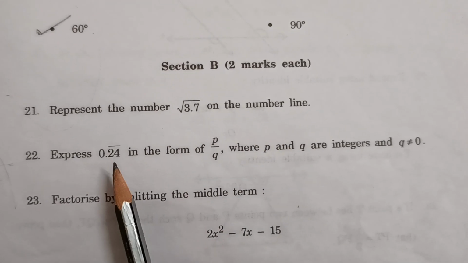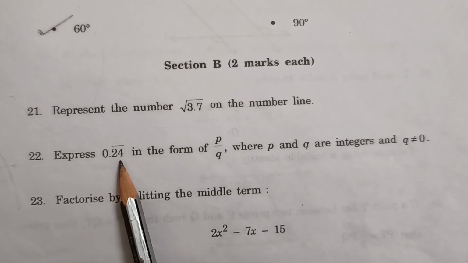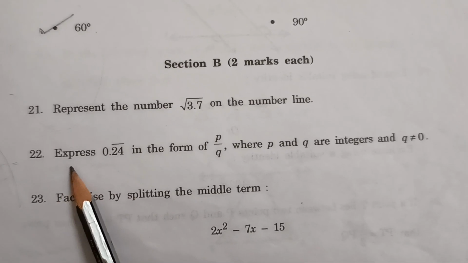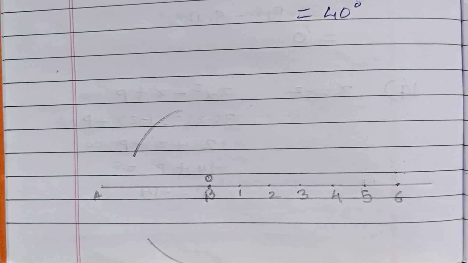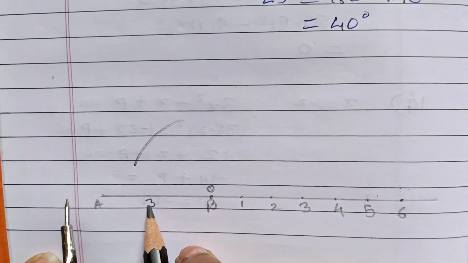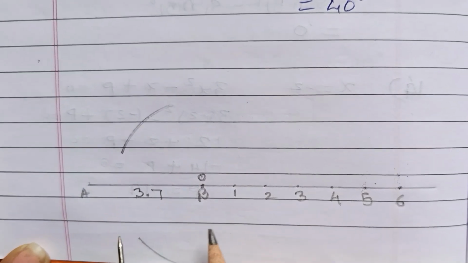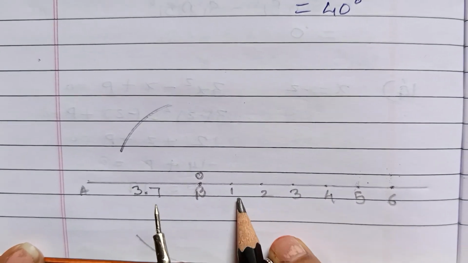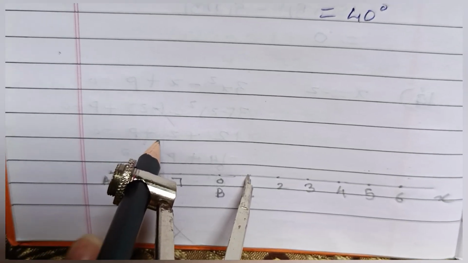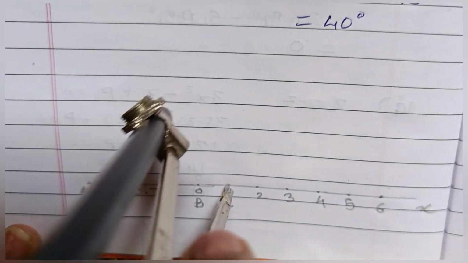Let us construct the number line showing root 3.7. Draw a line, then mark 3.7 as AB, then mark as 1, 2, 3, 4, 5, 6. Then bisect AC.